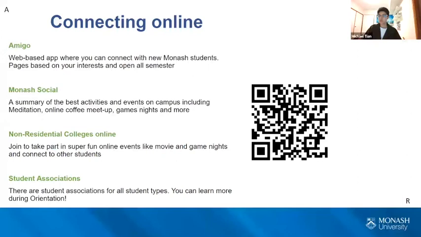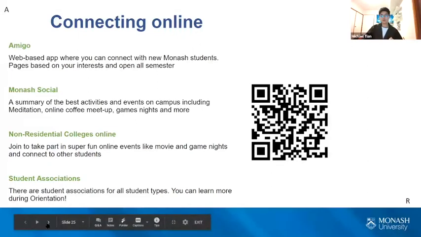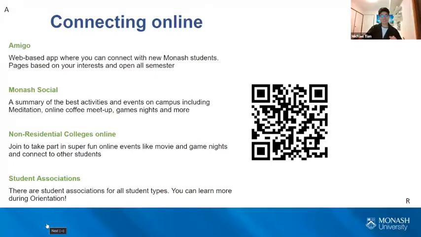So you can still be a part of the Monash community. If you scan this code, you will see the Monash Social website as well. There are a lot of online events you can be part of, and you can register for any session you are interested in. It can make your uni life more colorful during the lockdown, in terms of the current situation.